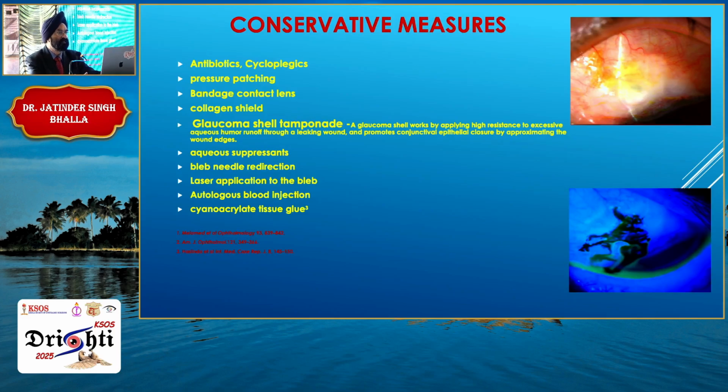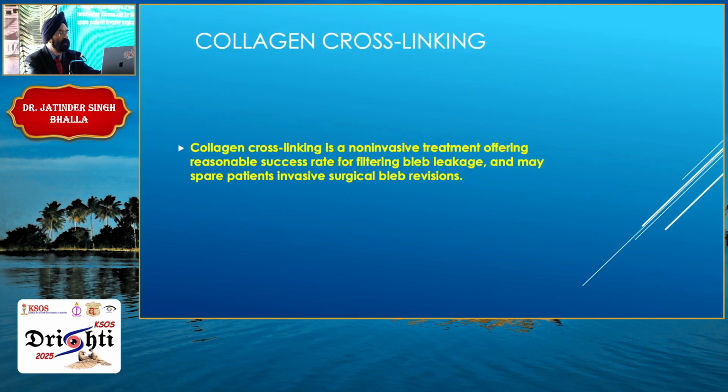So what are the conservative measures? I'll again reinforce. These are antibiotics, cycloplegics, pressure patching, bandage contact lens, collagen shields, glaucoma shell, Simmons shell tamponade. We can use aqueous suppressants, bleb needle redirection, laser application to the bleb, autologous blood injection has been done, and also the use of cyanoacrylate tissue glue.